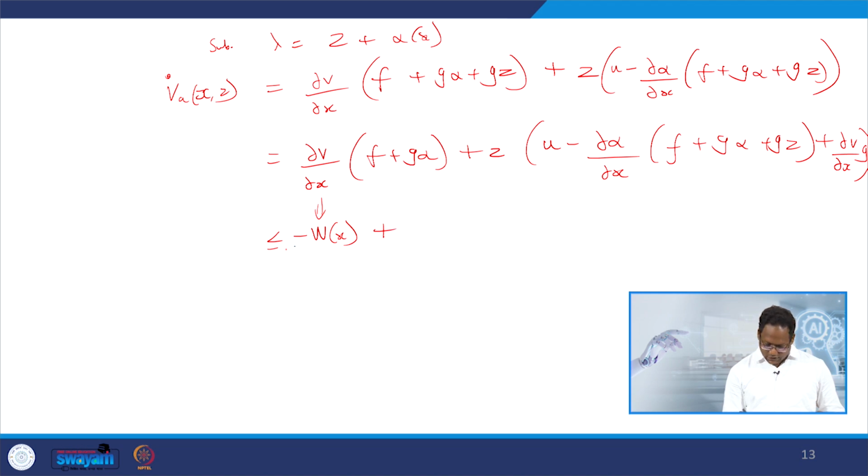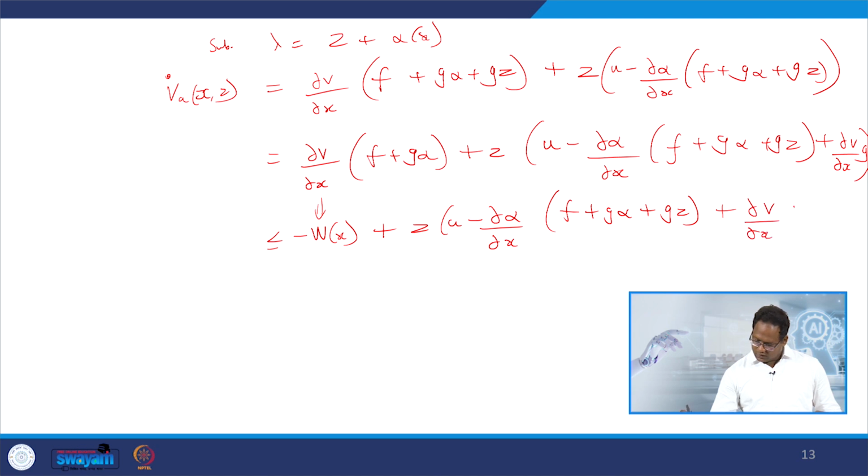So we have Va dot less than or equal to minus W of x plus z times u minus dou alpha by dou x multiplied by f plus g alpha plus g z, plus dou V by dou x multiplied by g.